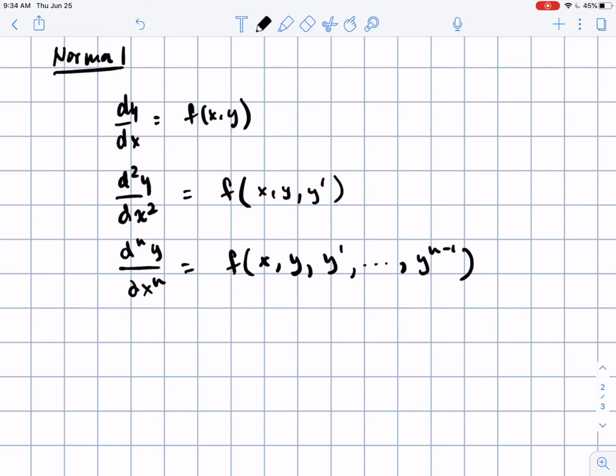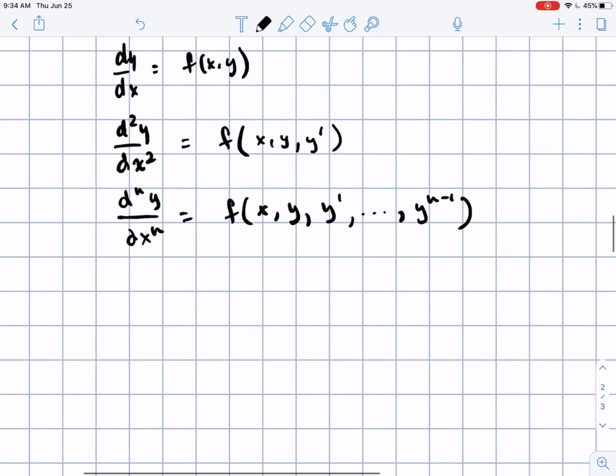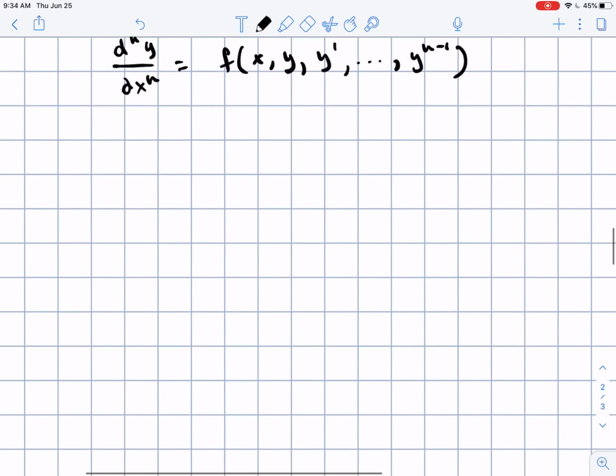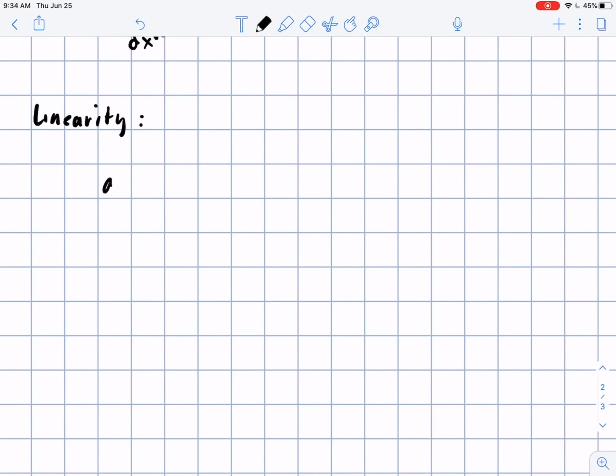And then the next thing that we want to talk about is if it is linear, or linearity. So in linearity, the look is, let's say you have some function, your nth derivative plus some function of x.